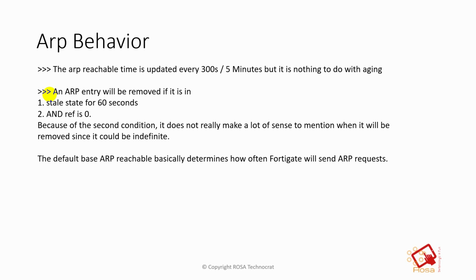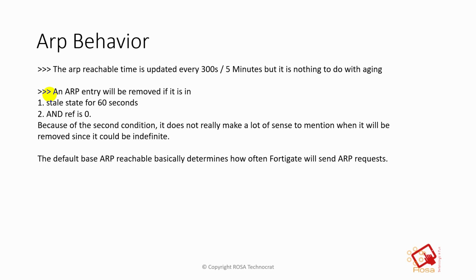That 60 seconds means 1 minute. So let's say if there is no traffic for one of your PCs or hosts or an IP address on the FortiGate, then the ARP entry will be deleted. So you can say an ARP entry will be deleted in 1 minute or 60 seconds on FortiGate.